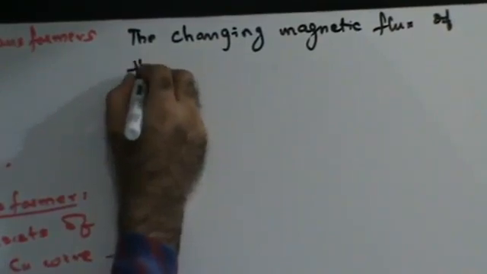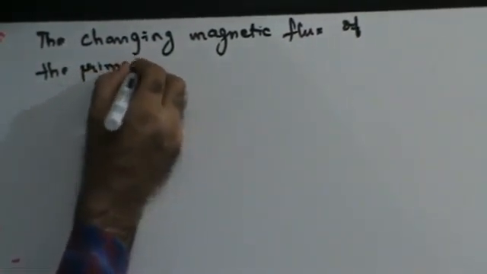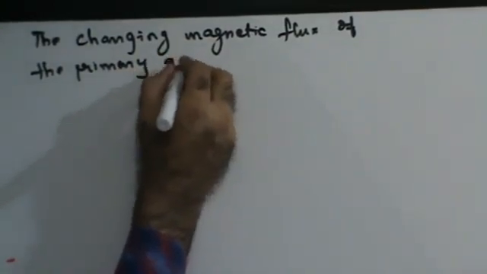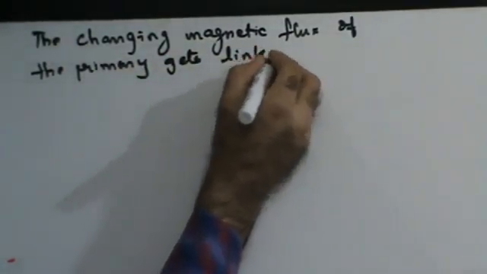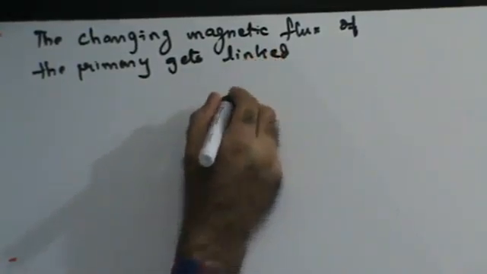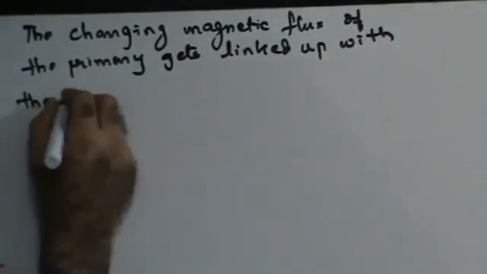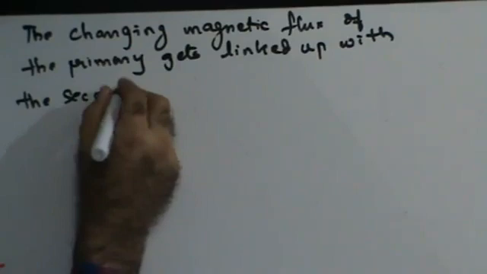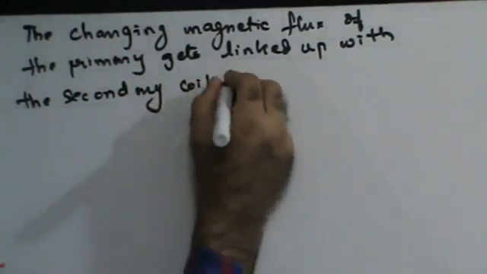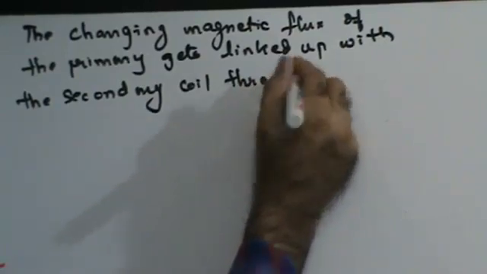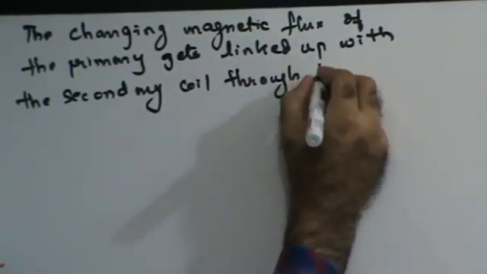The changing magnetic flux of the primary gets linked with the secondary coil through the laminated core.